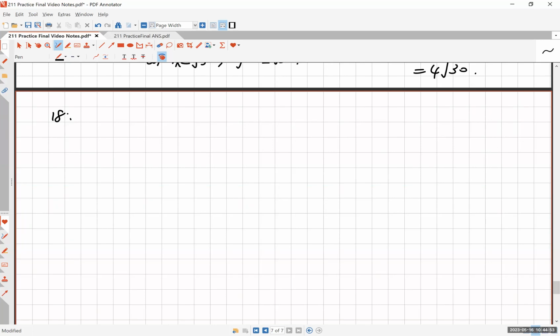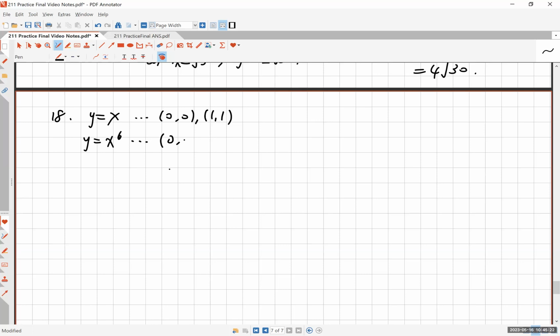The graph of the two functions y is equal to x and y is equal to x to the 6th power intersect at 0 and 1, right? This one goes through 0, 0 and 1, 1.